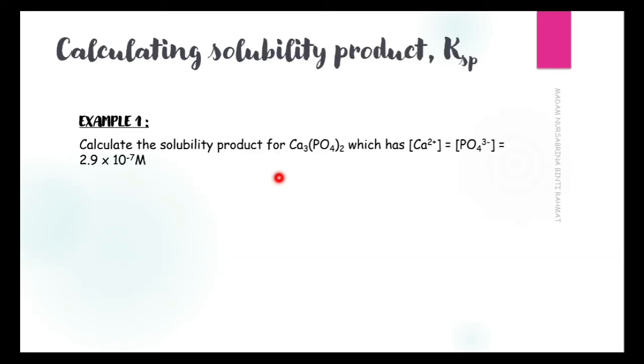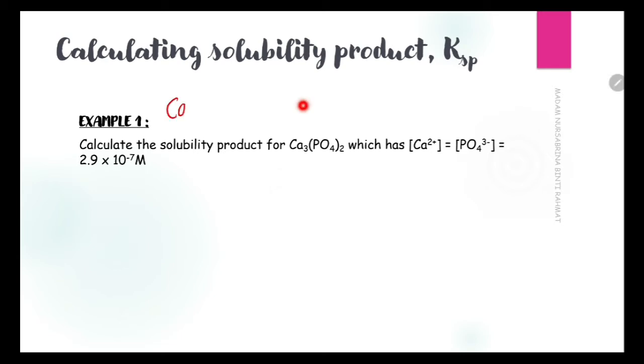Let's learn how to calculate a solubility product from the given concentrations of the ions. Before we proceed with the calculation, you always need to write down first the equation for dissolving the salt into its respective ions.